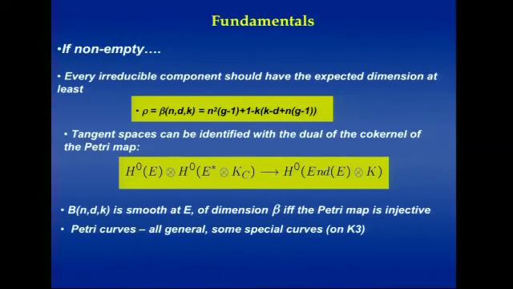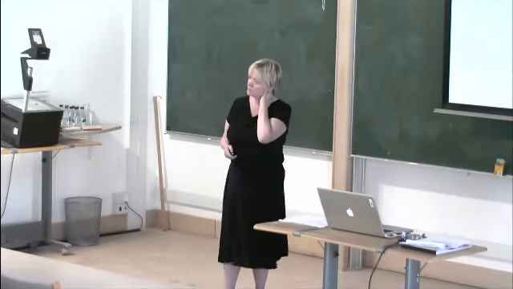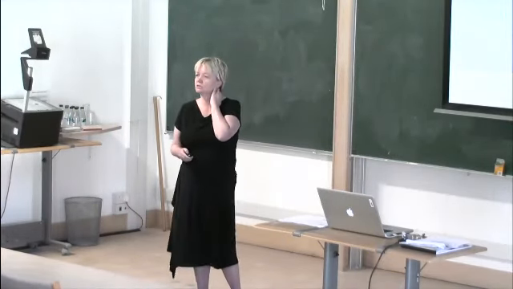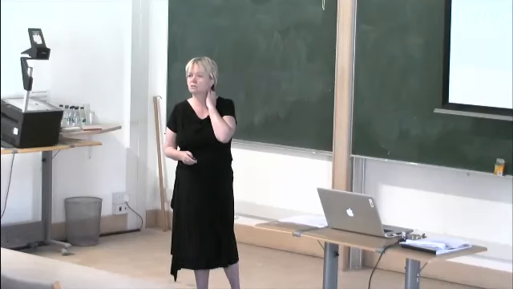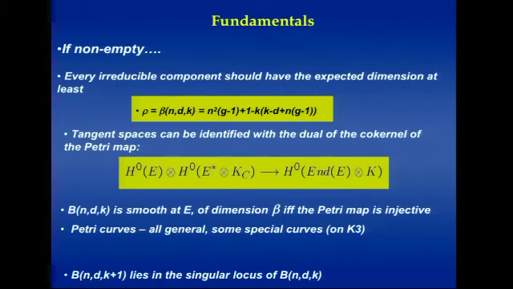However, this is not really a big restriction on the curves we are studying, because all general curves, whatever that means, satisfy the Petri condition. Also there are some curves on K3 that satisfy this condition, and possibly others. A nice thing to know is that the singular locus of these varieties is a variety of one dimension bigger.